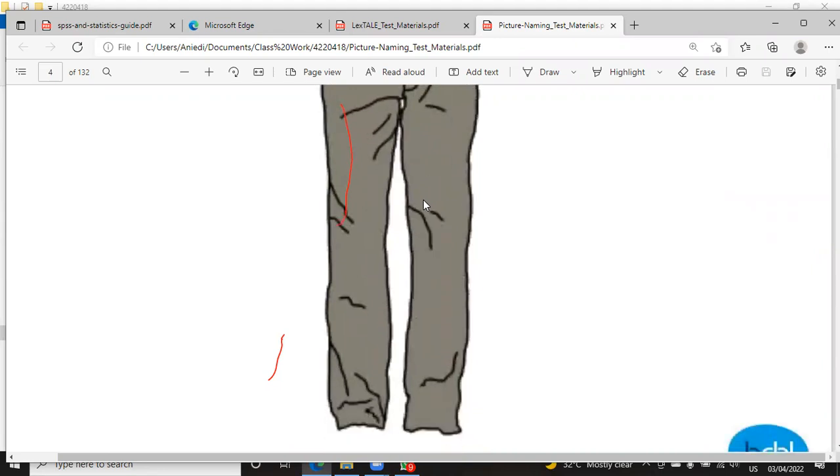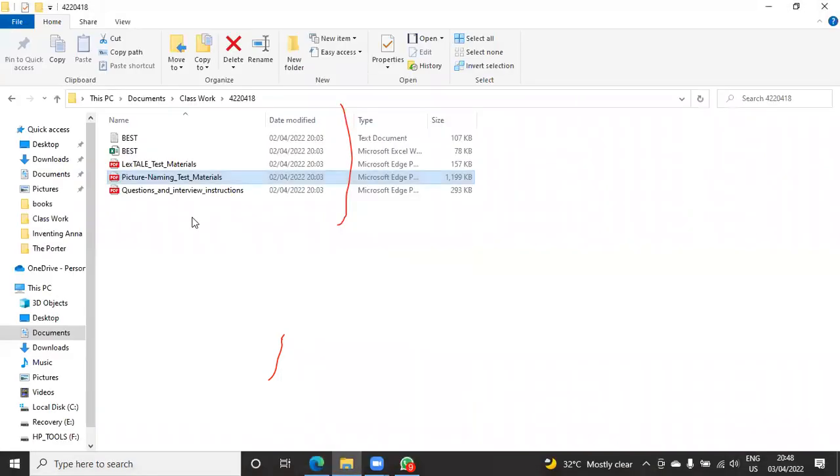You see this data here? Let me load the data.